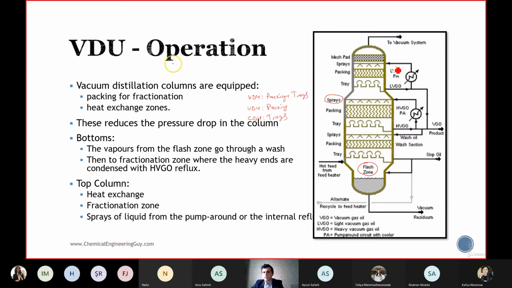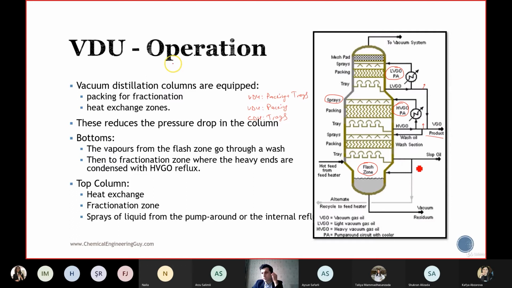Here, you can see the light vacuum gas oil pump around, the heavy vacuum gas oil pump around, the light vacuum gas oil product, and heavy vacuum gas oil. So this is the mixed product. This is the HVGO product. This is the LVGO product. This is the mixed VGO product.